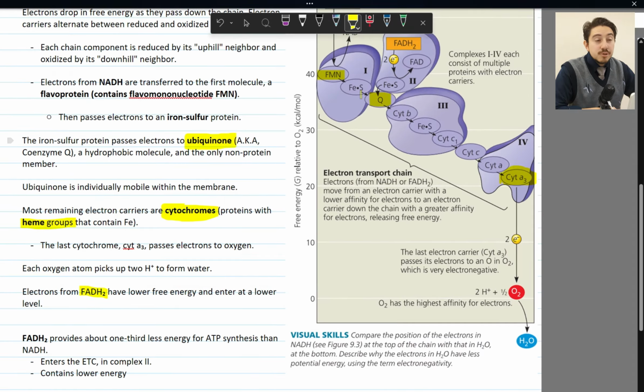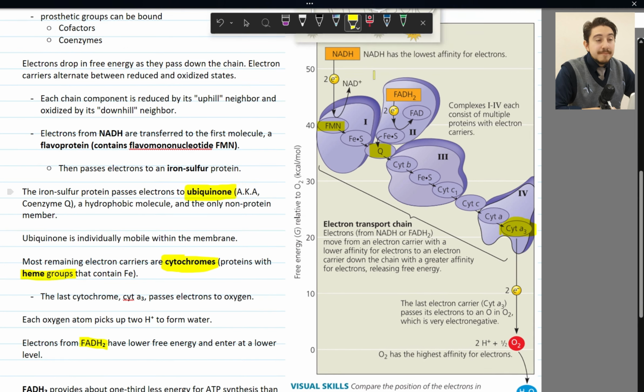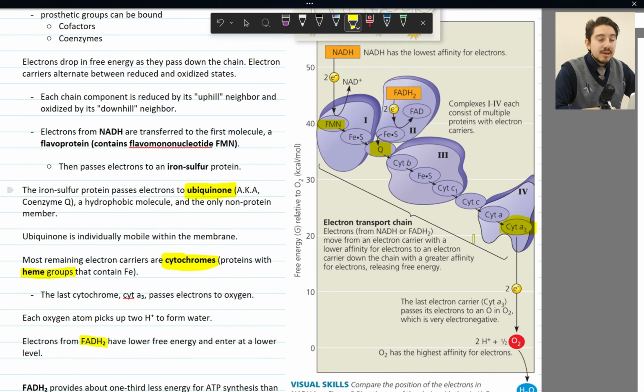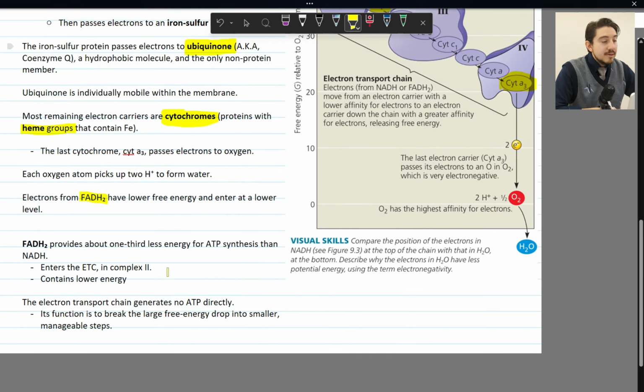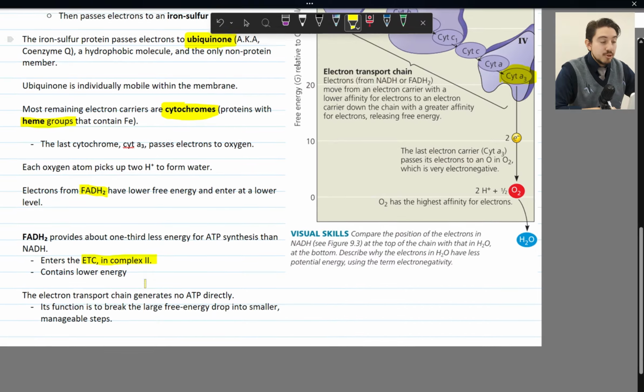So these two come in, from complex 1 or 2, and they provide electrons. These electrons get shuttled down from one protein to another, to ubiquinone. They further keep going down the cascade, ultimately going to oxygen. Remember, in the electron transport chain, FADH₂ comes in from complex number 2.